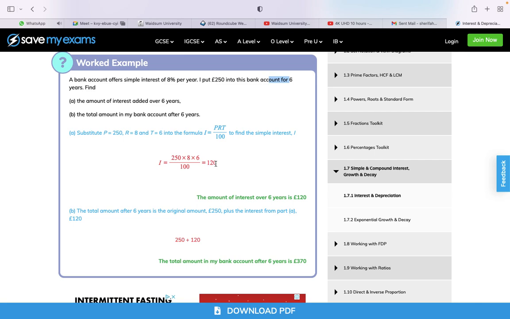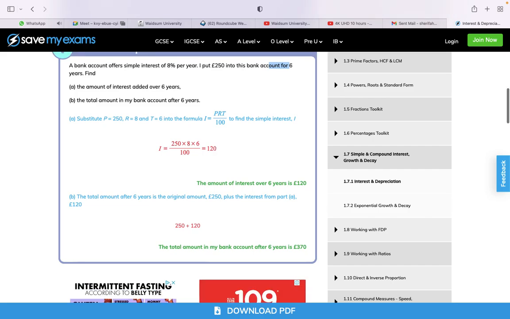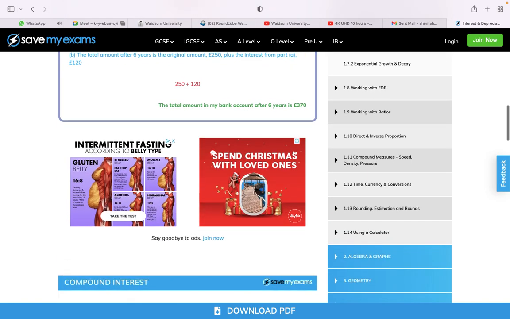Divide by 100. You get 25. This is the interest for fourth year. To get the fifth year, you have to add this interest for fourth year to your last principal, the principal for fourth year. So it keeps compounding.